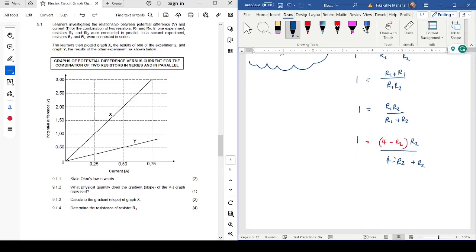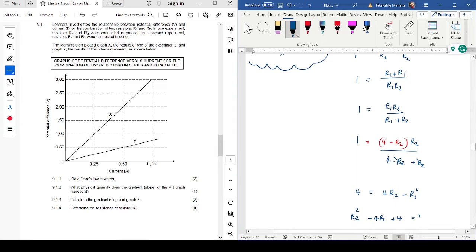So then I can take the 4 to the other side, and I have 4R2 minus R2 squared. So R2 squared minus 4R2 plus 4 is equal to 0.